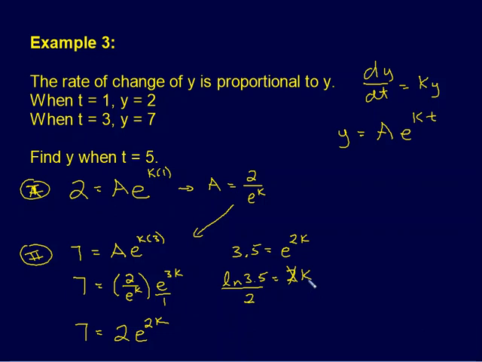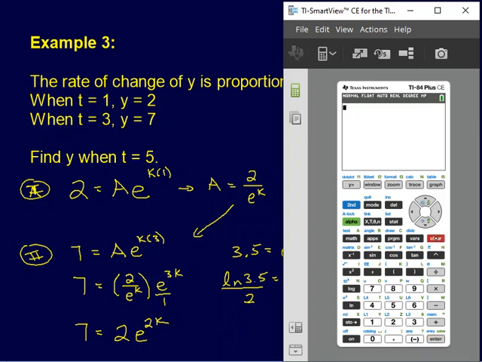So notice your k value is the natural log of 3.5 divided by 2. I want you right now to go grab your calculator, and we're going to resave the k value. So I'm going to take the natural log of 3.5, divide by 2, and store that as letter k again. We'll just override the previous one. So there's our value.